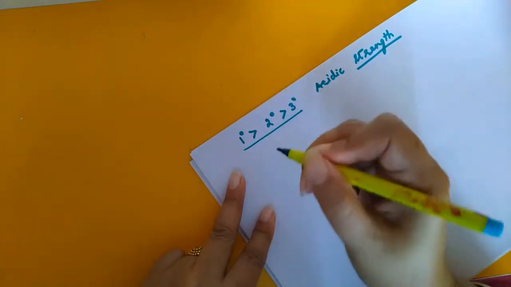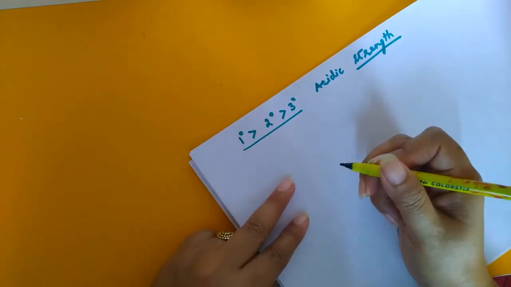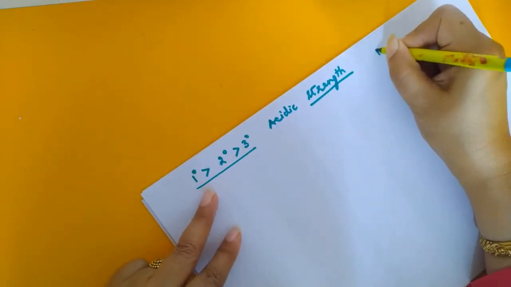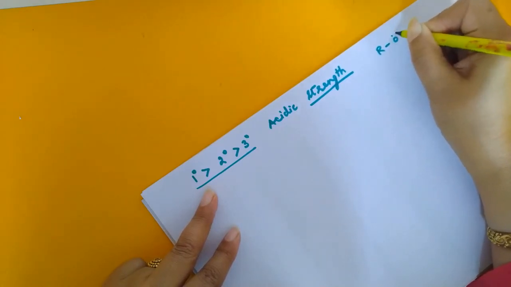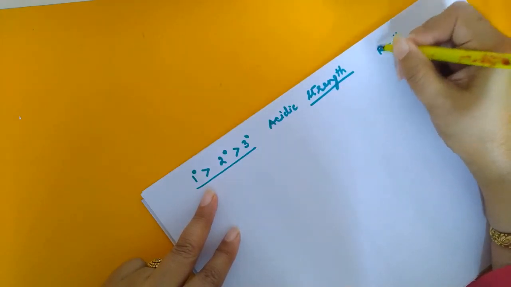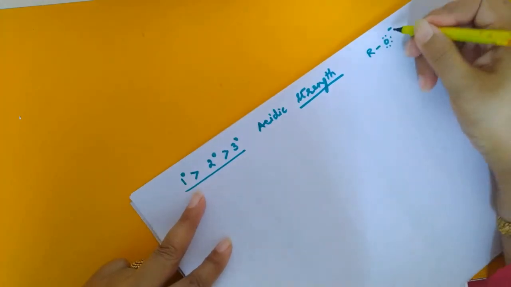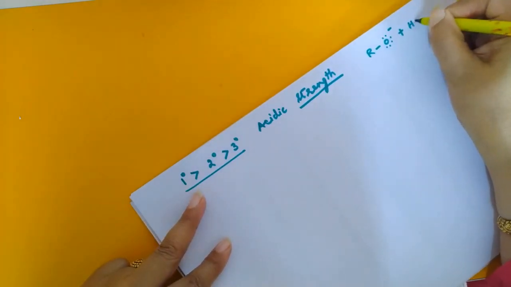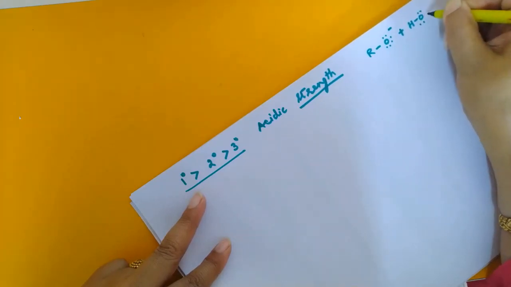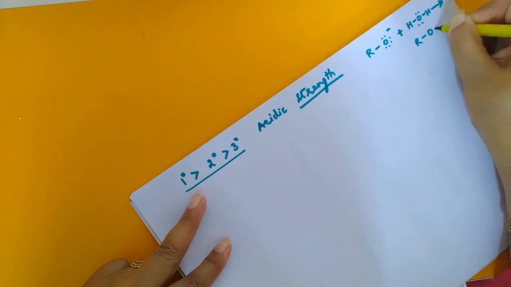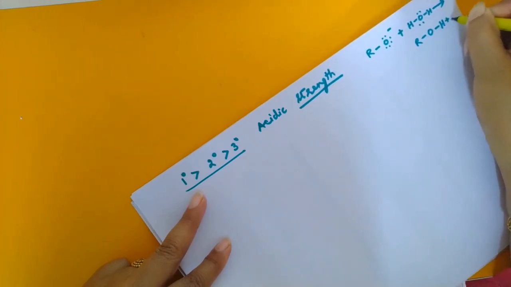Now one more interesting thing I'm going to add here. If we talk about alcohol, after releasing this hydrogen ion, this is the Bronsted base left. Now if it reacts with water, you see this water will become a proton donor here. So it is ROH plus OH-.